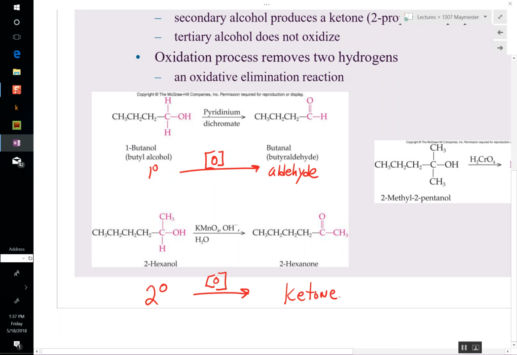And wherever the oxygen was on carbon number 2 is where the carbon-oxygen double bond, or carbonyl, is. You should know this, that a carbon-oxygen double bond is referred to as a carbonyl. That's another name for that. So the aldehyde has the carbonyl on the end. A ketone has the carbonyl along the chain.